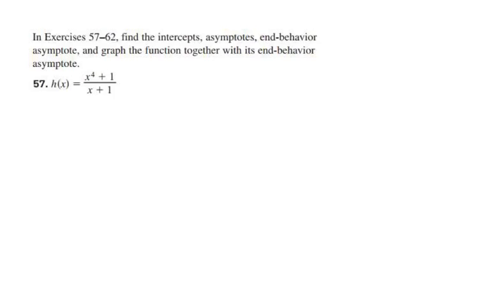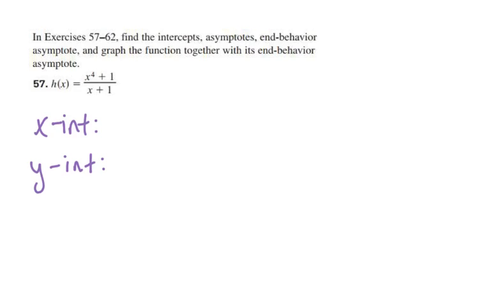All right. Then our next piece here wants you to find the intercepts, asymptotes, end behavior, and graphing. So we've got our x-intercepts, and we want our y-intercepts if we have those.